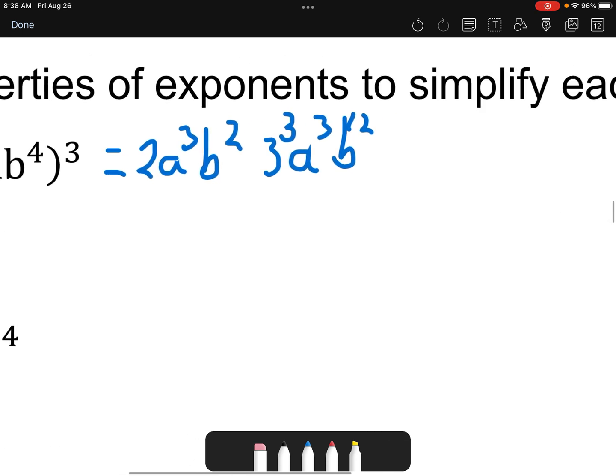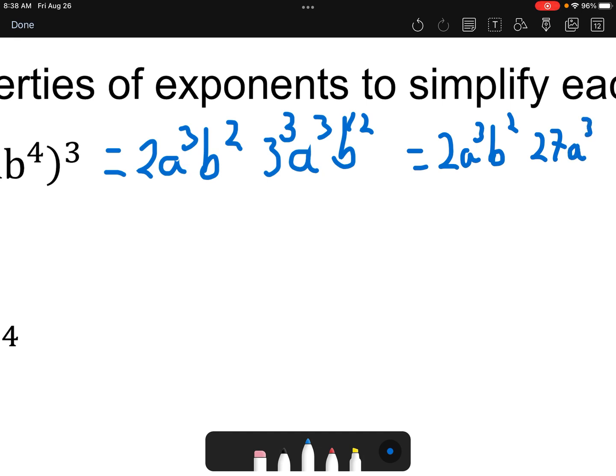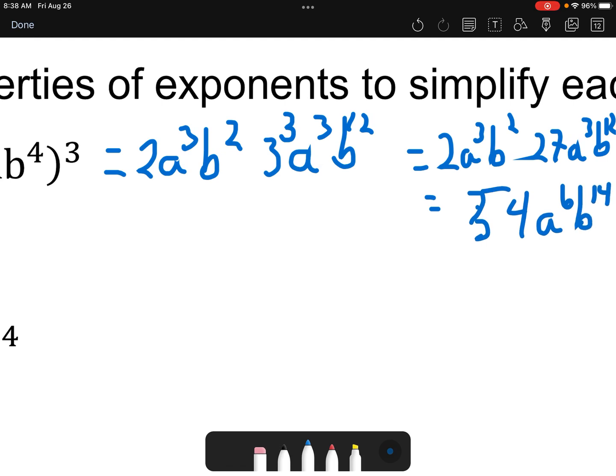So therefore we would have 2 times a cubed b squared would be the same, but 3 cubed was 27, and then we can combine the exponents. 27 times 2 is 54, a cubed and a cubed is a to the 6th, and that would be b to the 14th.